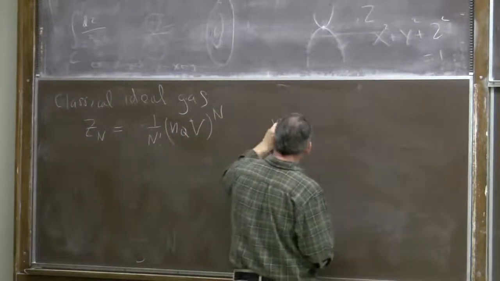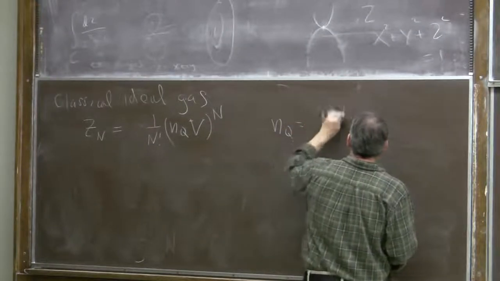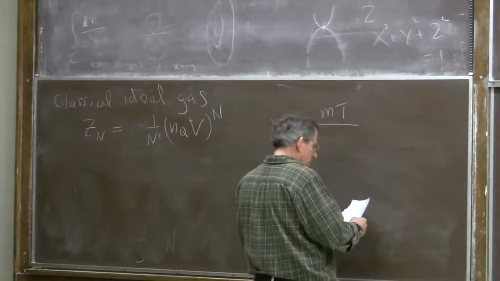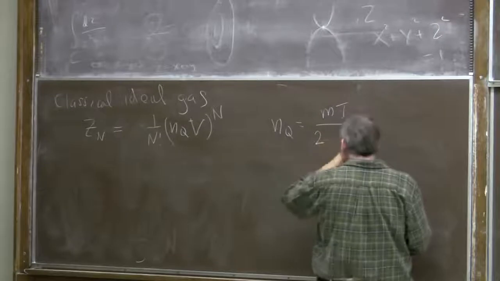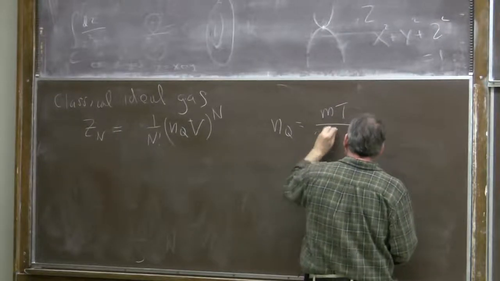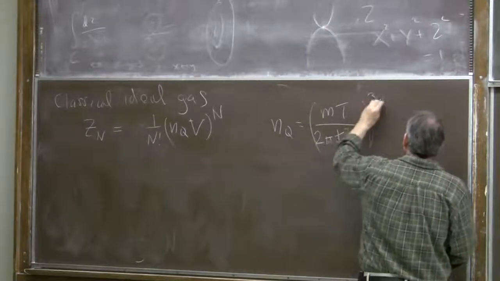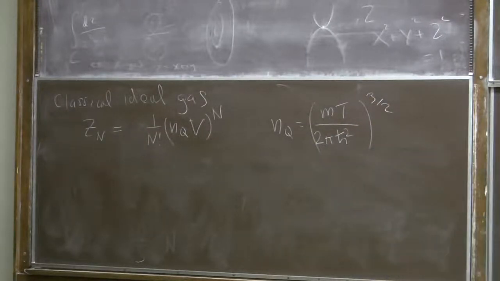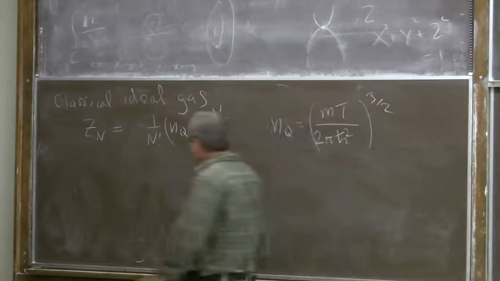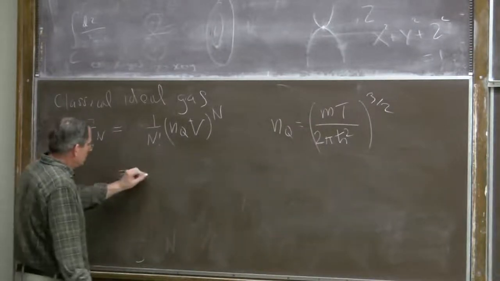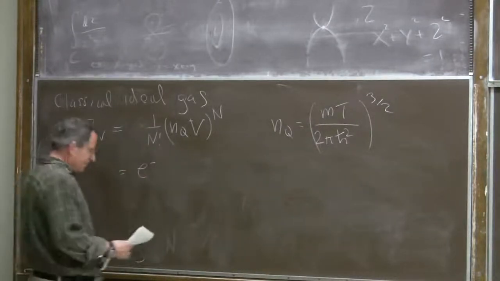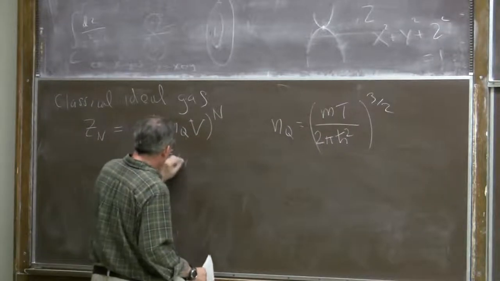The quantum concentration, we recall, is (m tau over 2 pi h-bar squared) to the 3/2, where m is the mass of a molecule of the gas. And the partition function is just e to the minus the free energy divided by tau.